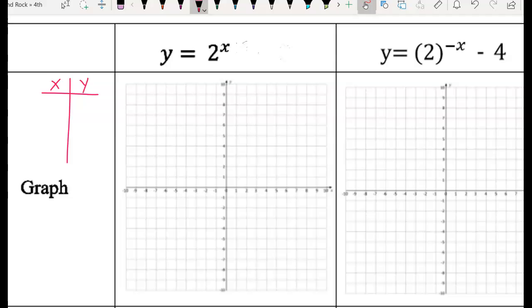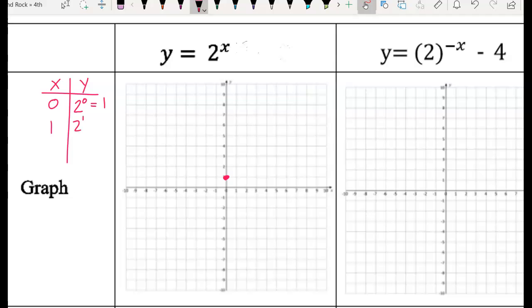So give me a value you'd like me to plug in first. 1. So normally most people start with 0. If I plug in 0 as the exponent, 2 to the power of 0, what do I get? So I'm going to plot the point 0, 1. What number would you like me to try next? 1.